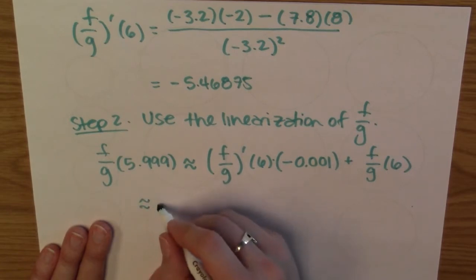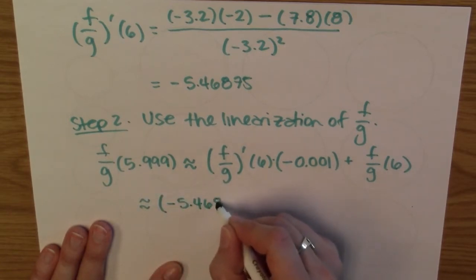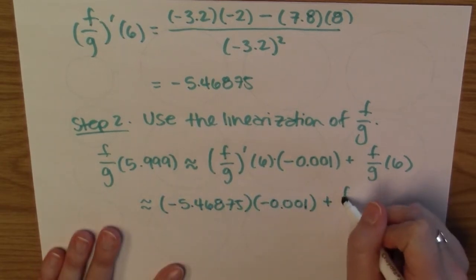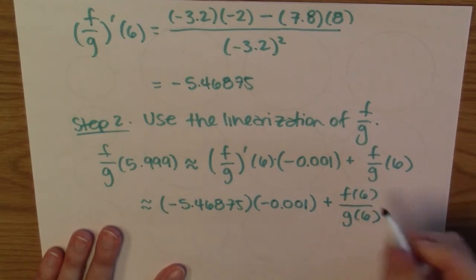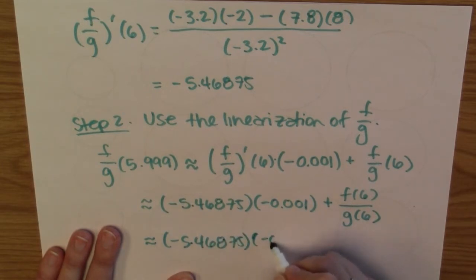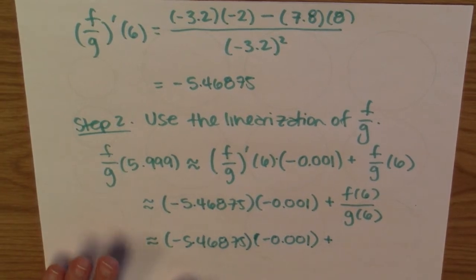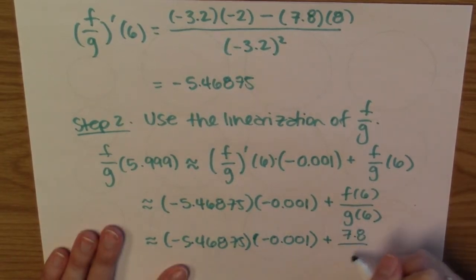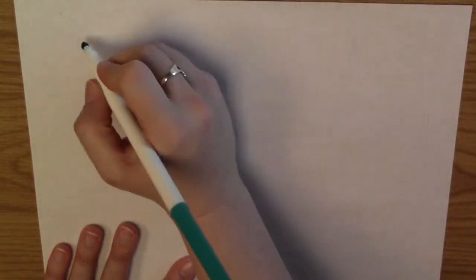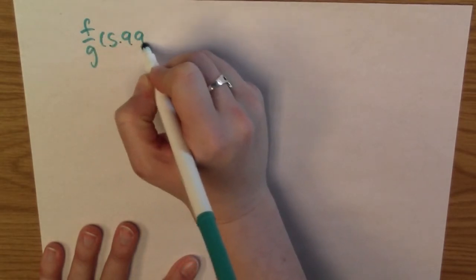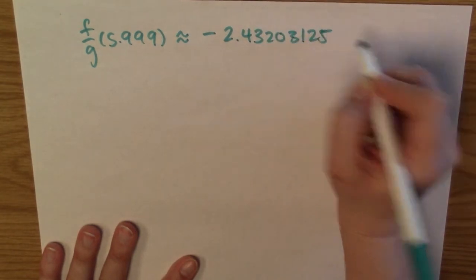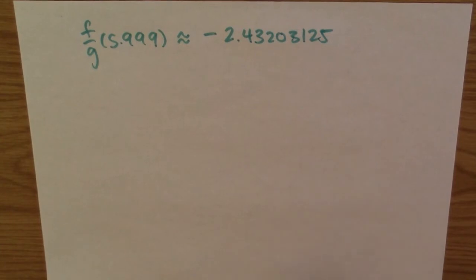So this thing is approximately equal to negative 5.46875 times our h, negative 0.001, plus f at 6 over g at 6. So we're getting negative 5.46875 times negative 0.001, plus, well, f at 6 is 7.8, and g at 6 is negative 3.2. And so plugging this in, we see that f over g at 5.999 is approximately equal to negative 2.43203125.